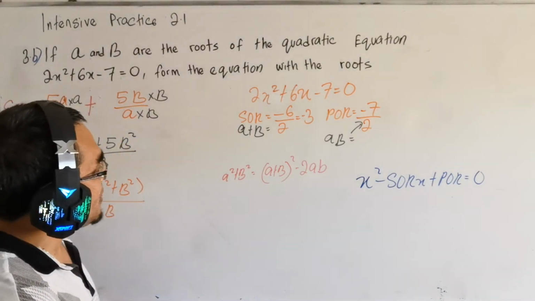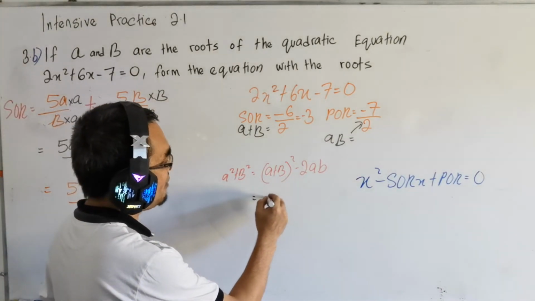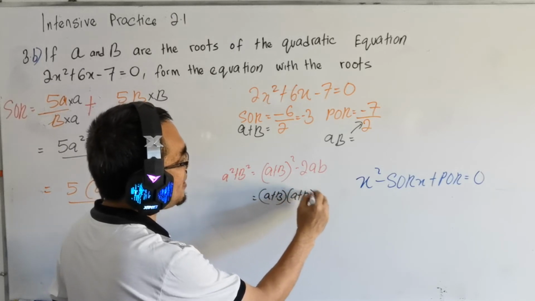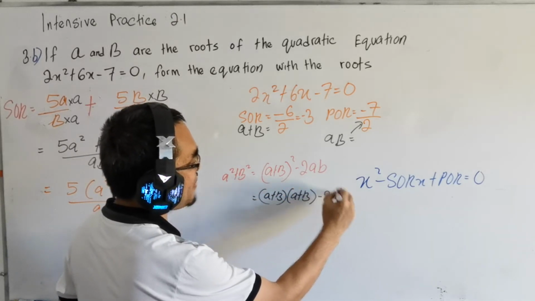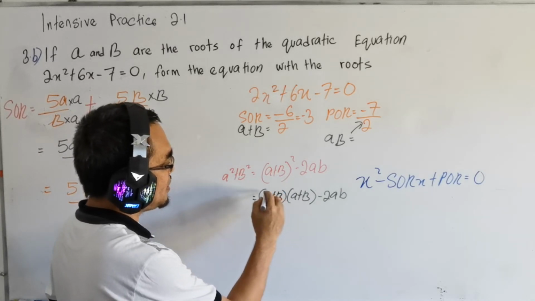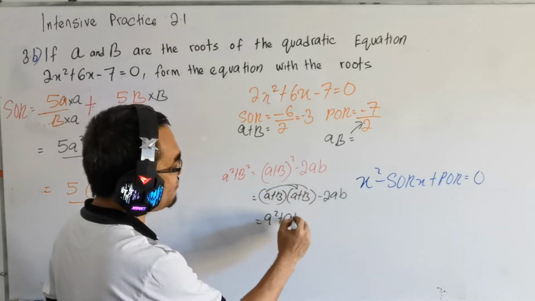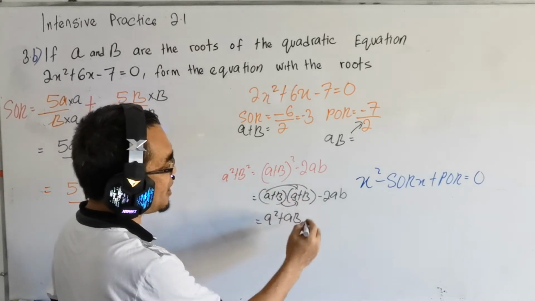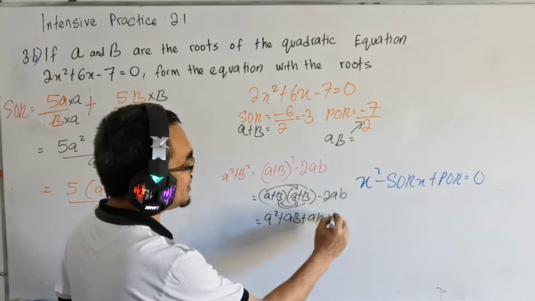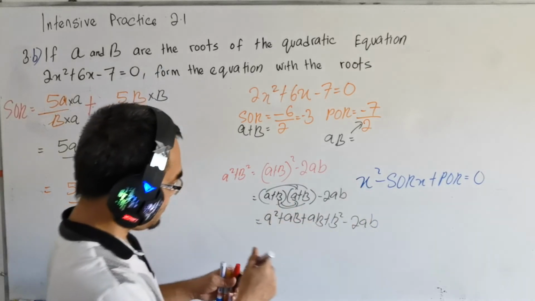The only way is that we expand this and simplify. So alpha plus beta and alpha plus beta minus 2 alpha beta. So it becomes alpha squared plus alpha times alpha, and then alpha times beta is alpha beta. Beta times alpha, still alpha beta. And then beta times beta is beta squared minus 2 alpha beta.